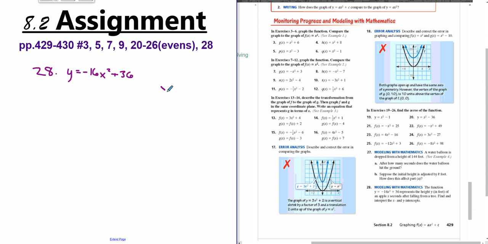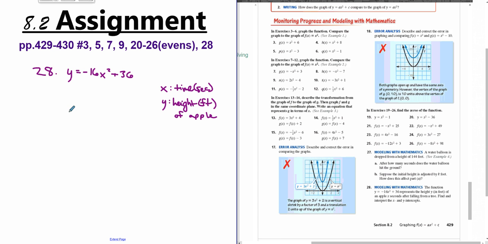So x is the time in seconds, and y is the height in feet. And again, it's the height of the apple falling from that tree. All right, so it says find and interpret the x and y intercepts.